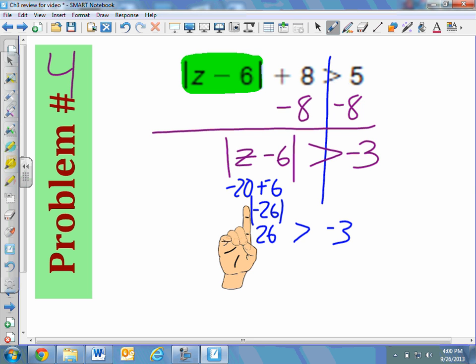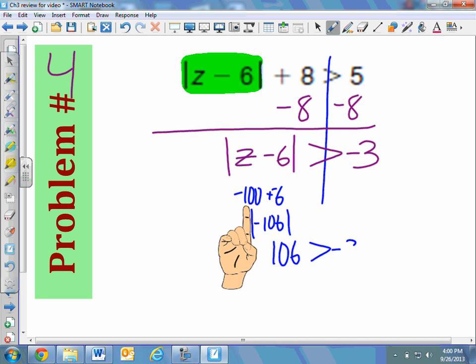Nope, that works. What about if I used, I don't know, let's go bigger, negative 100 maybe. What if I use negative 100? Negative 100 minus 6, and absolute, let's say that's going to be negative 106. Absolute value is 106, is greater than negative 3. See how regardless of whatever I put in here, it's always going to be a positive number?